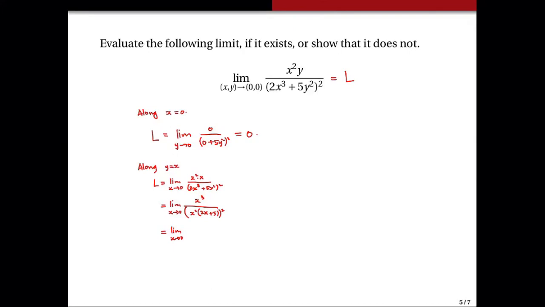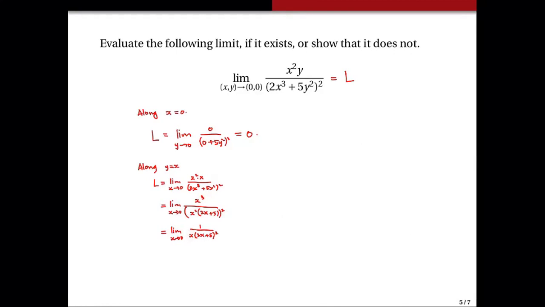The numerator is x cubed, while the denominator has x squared that is also being squared, which means we have 1 over x times the quantity 2x plus 5 squared. Take note that this factor no longer has the square.